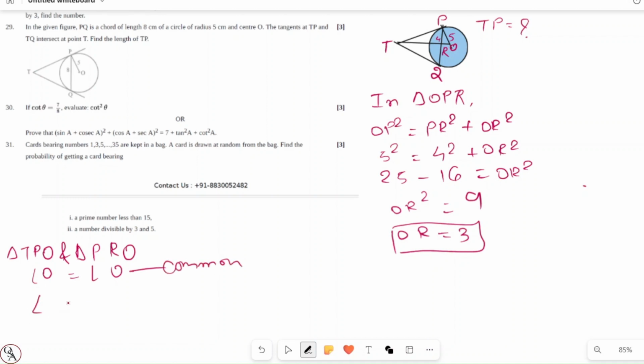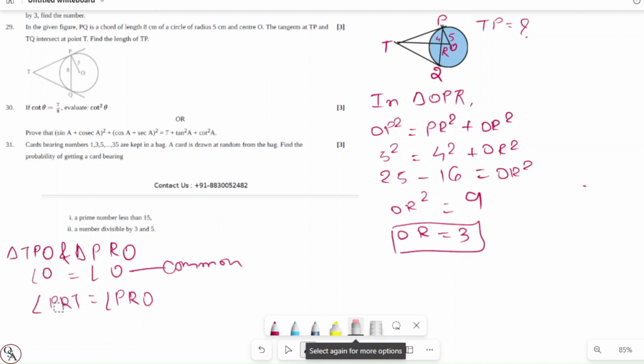As well, angle TPO and angle PRO are 90 degrees. Okay, so I'll do one correction. Yes, my angle TPO, my angle TP.